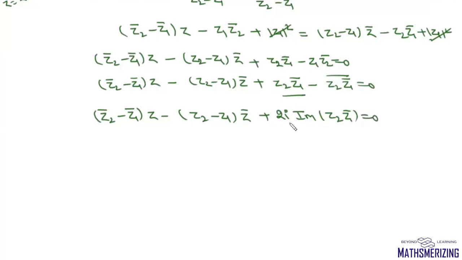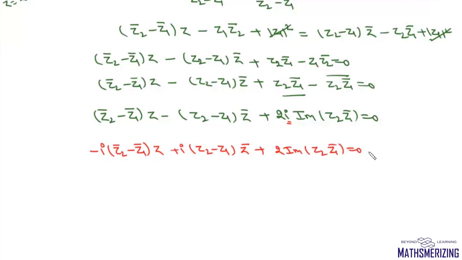Now what we'll do is we'll divide everything with iota. Now we divide everything with iota, we can write minus iota (z2 bar minus z1 bar) z plus iota (z2 minus z1) z bar plus 2 into imaginary part of z2 z1 bar equals to 0.